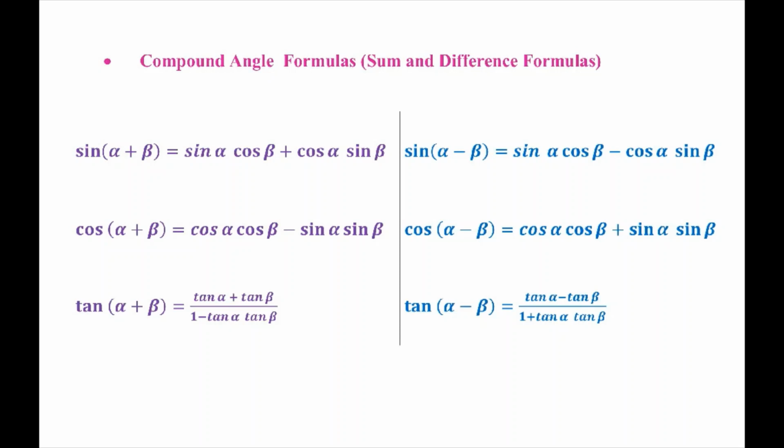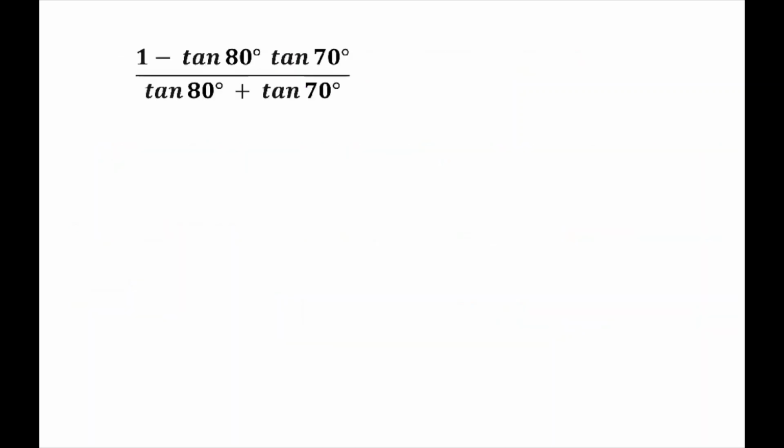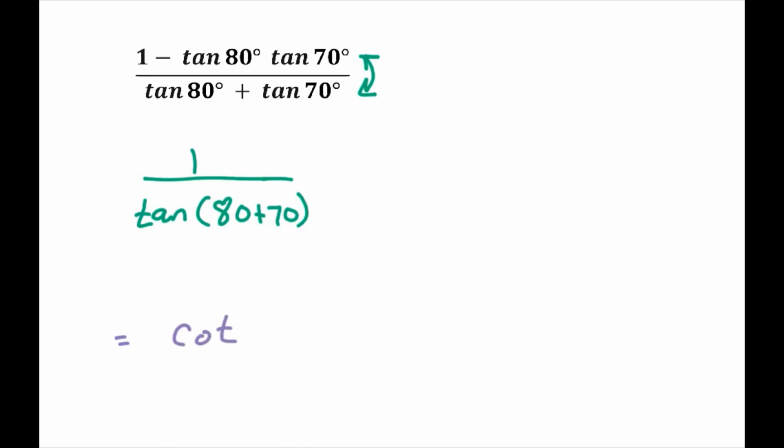This is 1 minus. However, it's down, and the one that we have is up. It's the reciprocal. Reciprocal means 1 over tangent, which is cotangent. So we'll go here and say it's 1 over tangent, because it's the reciprocal, right? 1 over tangent is basically cotangent of 80 plus 70, which is 150.